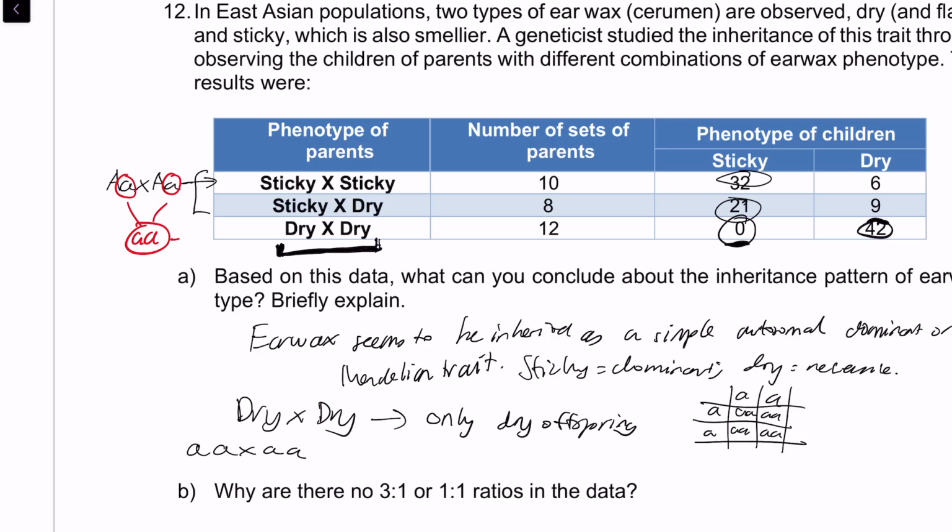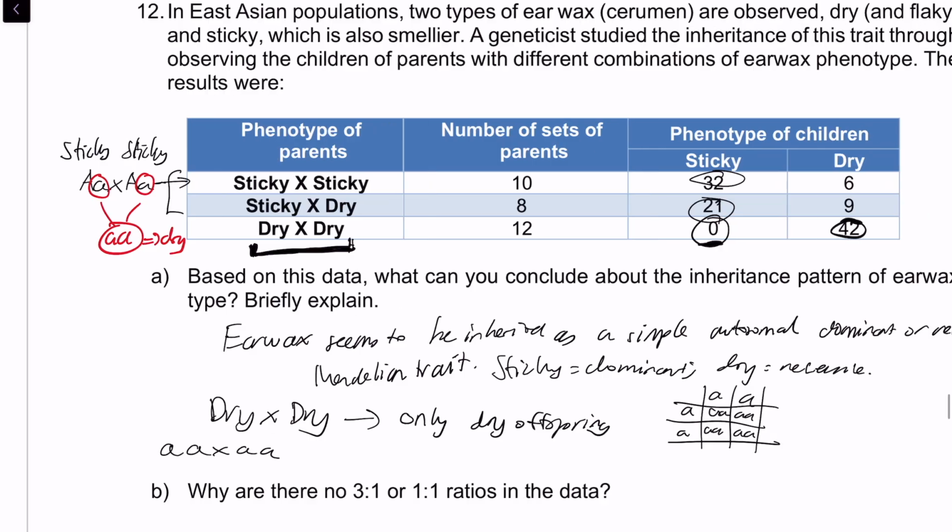Okay, and that would result in dry earwax. So that's a possibility. Although both of the parents have sticky earwax, we can still have that possibility of having the dry and the sticky phenotypic children. All right, so that's what is evident there.